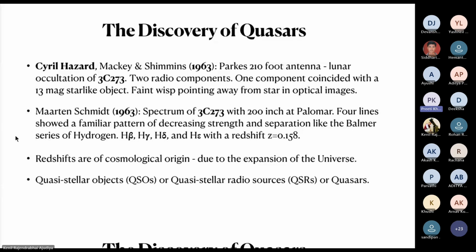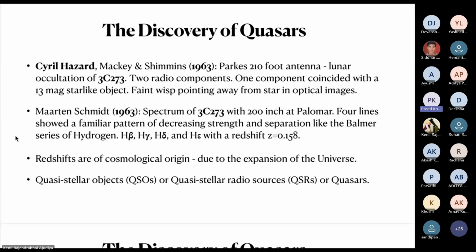So these two pieces of discovery definitely happened after radio interferometry came about. The 3C, the third Cambridge catalog, for example, was created at 170 megahertz or so, using the Cambridge telescopes in the UK. And the high redshift is what really attracted everybody's attention, because Carl Seyfert's galaxies were much, much closer by.